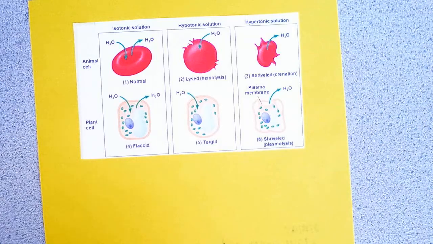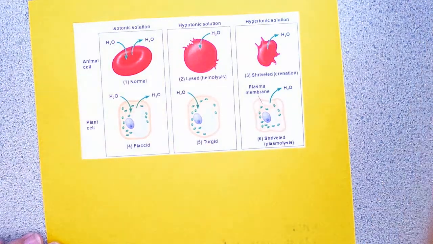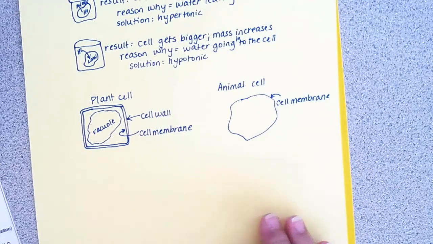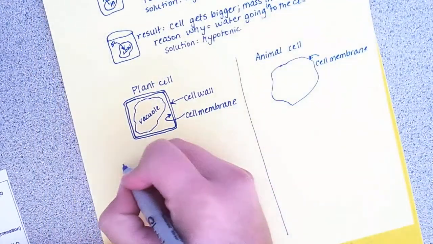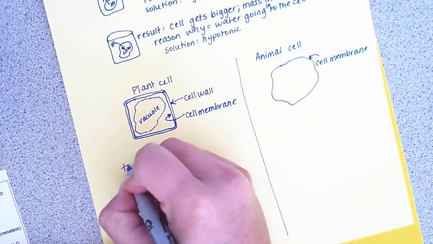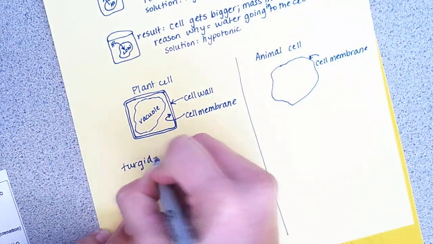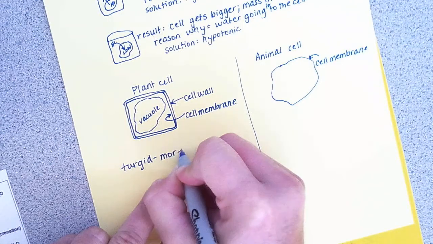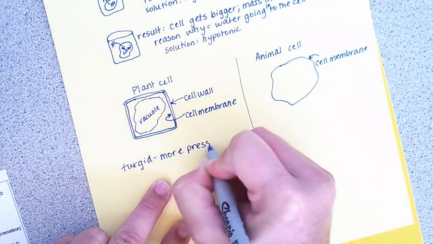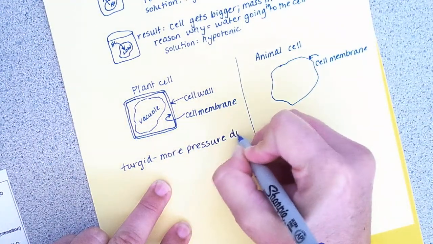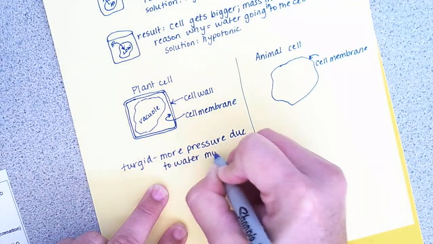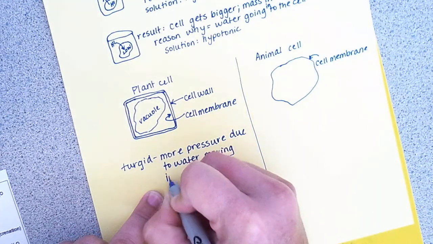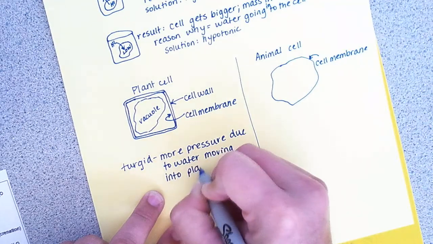So what I wanted to do is add to our notes so that we can use some of this vocabulary word when we're talking about our membrane transport. So for a plant cell, we have the word turgid. So this is more pressure due to water moving into the plant cell.